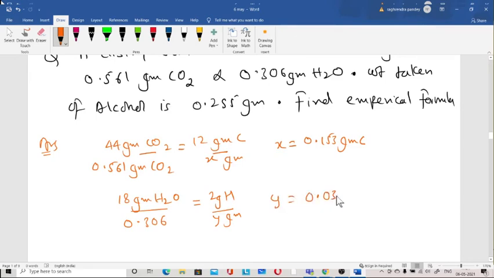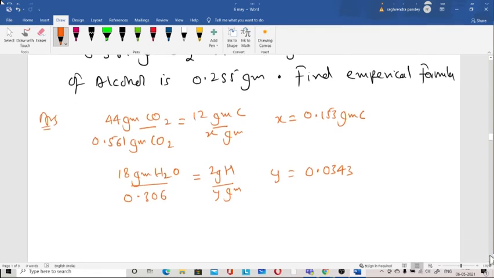I'm using the calculator, so let's take the exact number, because exact numbers are very necessary in empirical formula calculations. So this is your hydrogen, and this is your carbon and hydrogen.